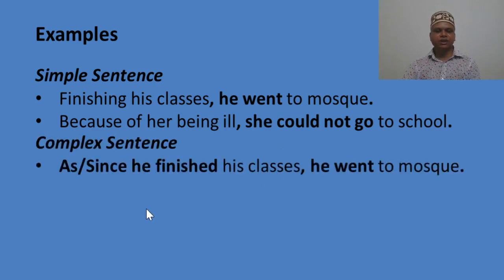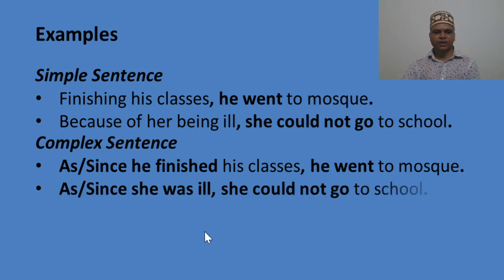Complex sentence: As he finished his classes, he went to mosque. Or since he finished his classes, he went to mosque. As she was ill, she could not go to school. Since she was ill, she could not go to school. Both the sentences contain the subordinating conjunction as or since.